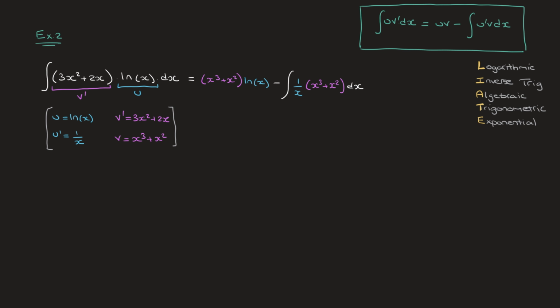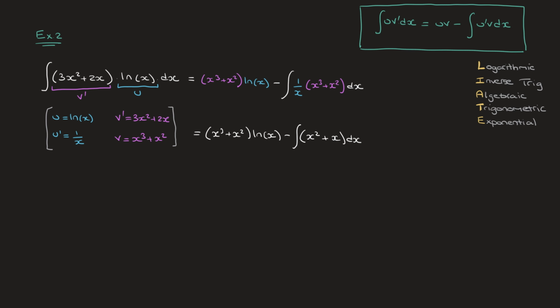There we go. Alright, now distributing this 1 over x across this pair of parentheses and simplifying, the integral turns into x cubed plus x squared times ln of x minus the integral of 1 over x times x cubed, so that's x squared, plus 1 over x times x squared, so that's just x. And of course we have our dx at the end here.